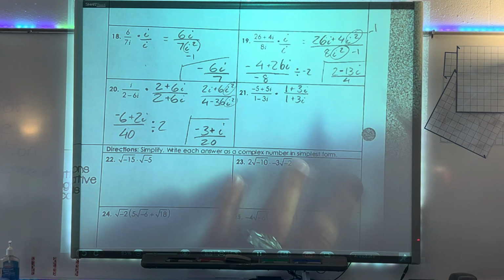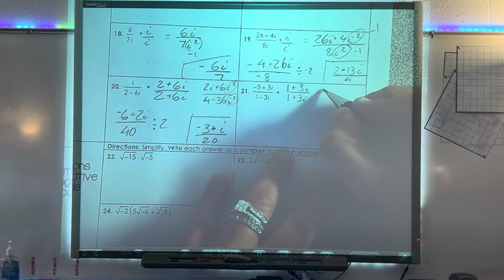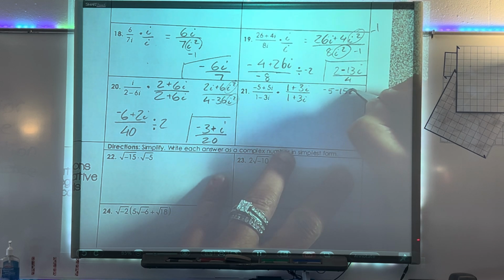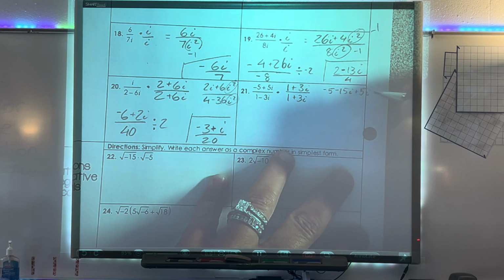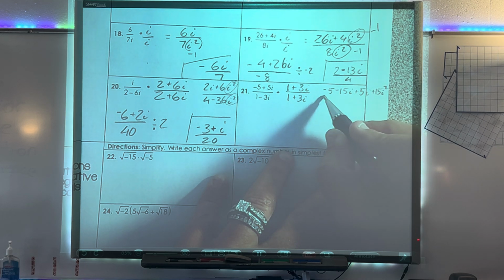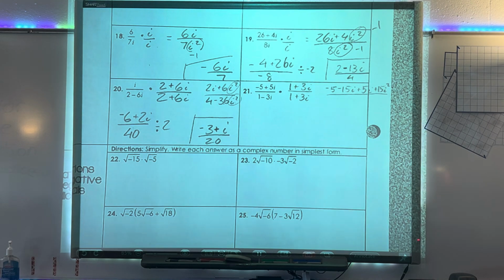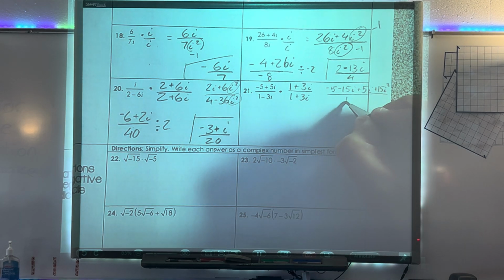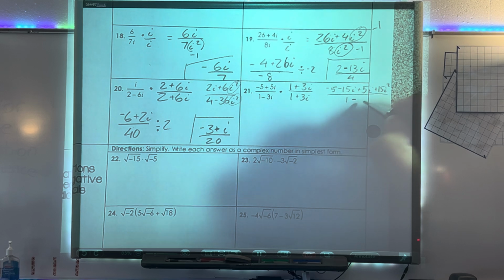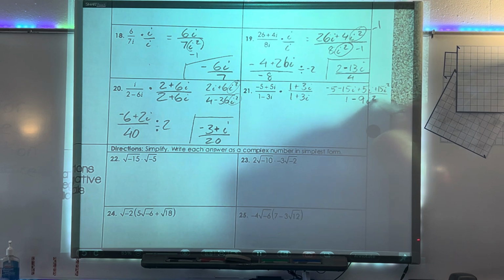So this time we'll have to FOIL out there, so it looks like I've got -5 minus 15i plus 5i plus 15i squared in the numerator. Y'all okay there? In the denominator, the middle's gonna cancel, so I'm gonna have 1 minus 9i squared.